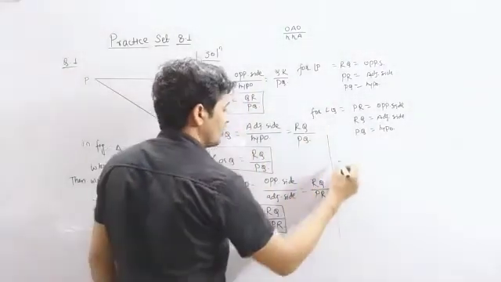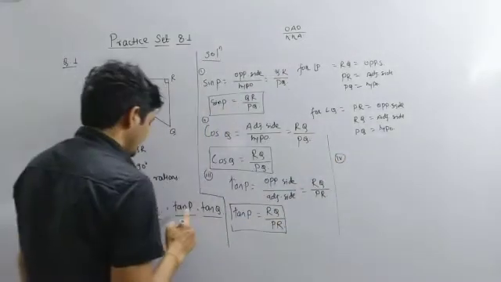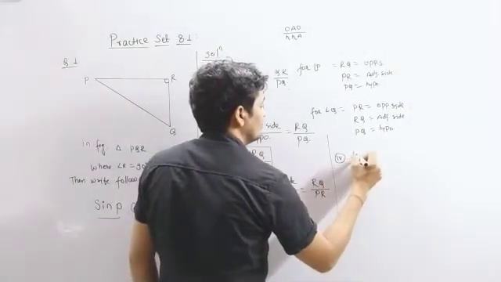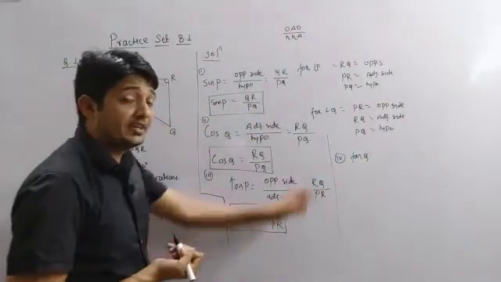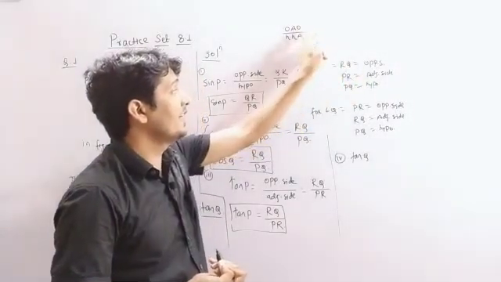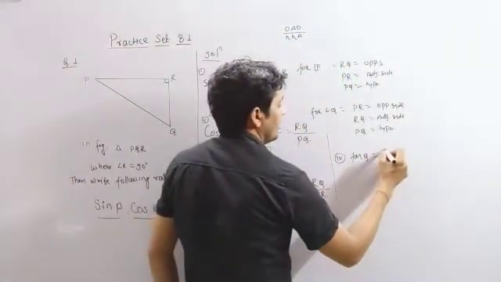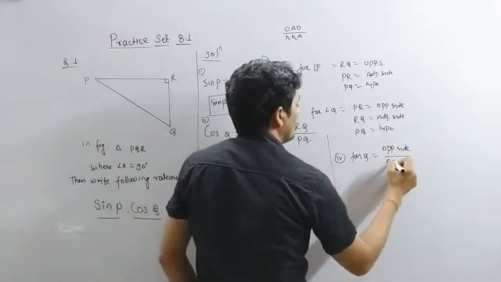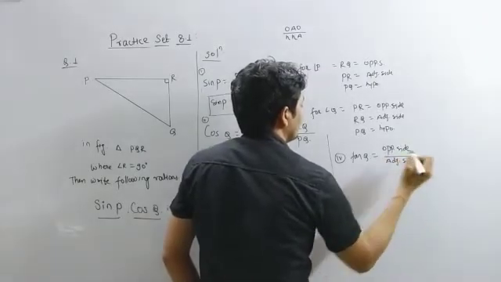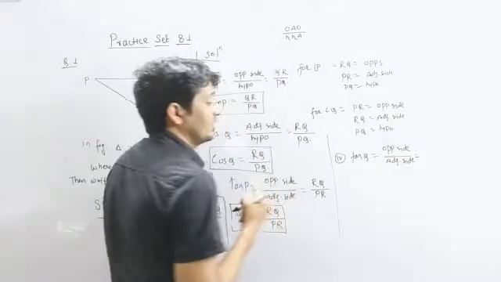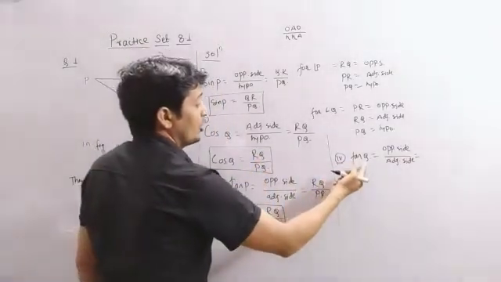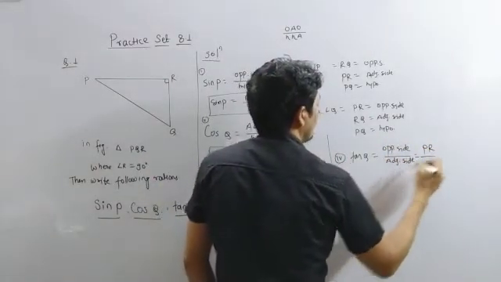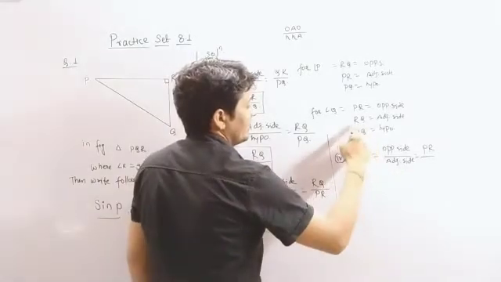Now last but not the least, the fourth one, it is for tan Q. What is tan theta? It is opposite side divided by adjacent side. The opposite side for Q is PR, and the adjacent side is RQ.